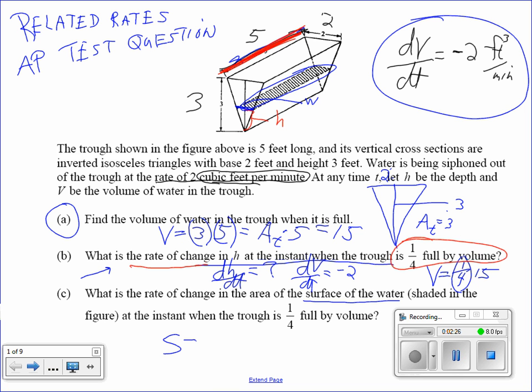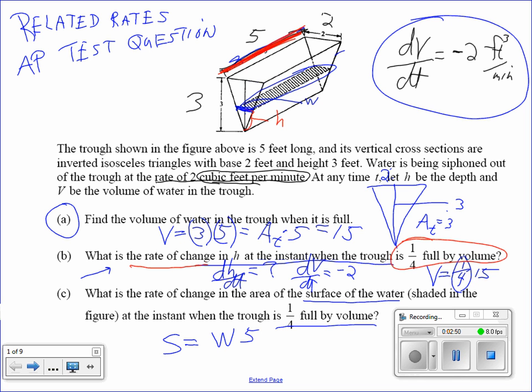Surface is going to be this. It's a rectangle, right? This width right here, times a fixed 5. And they're saying when at a quarter volume.